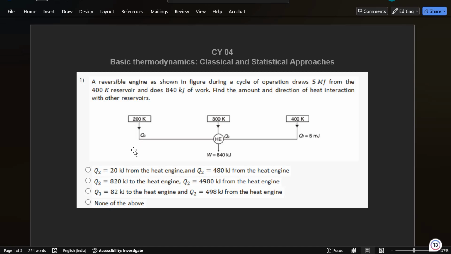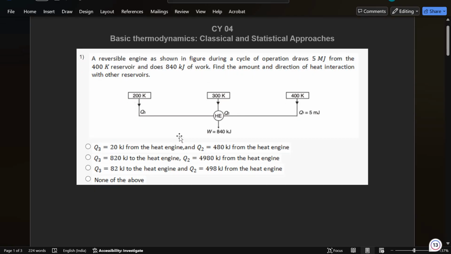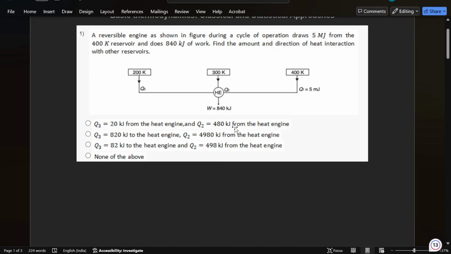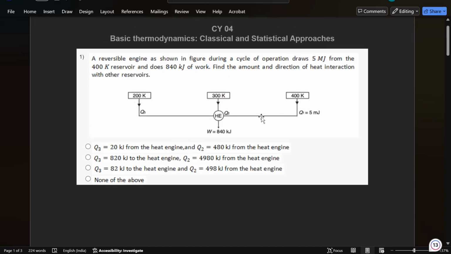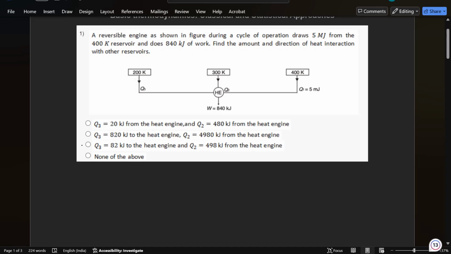Calculating efficiency, work done, heat input and heat output are quite easy. But here it's tricky because there are three reservoirs, 400 Kelvin, 300 Kelvin, 200 Kelvin, but there's just one work being done by the heat engine. So we'll have to figure out how to do this.